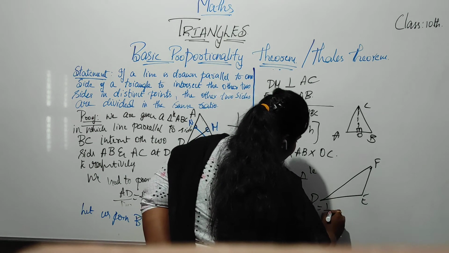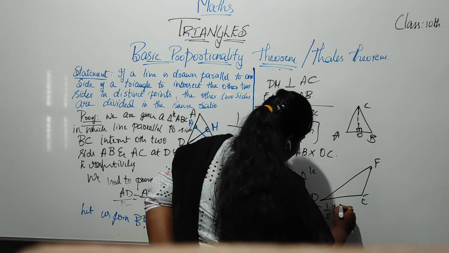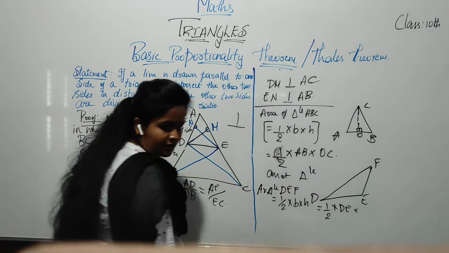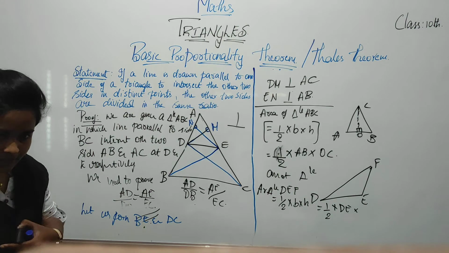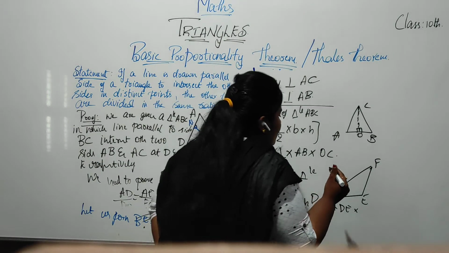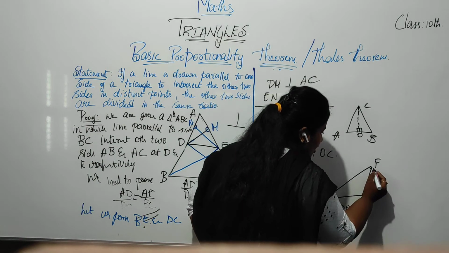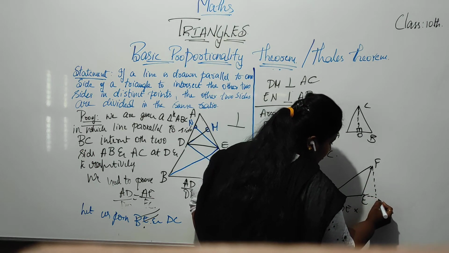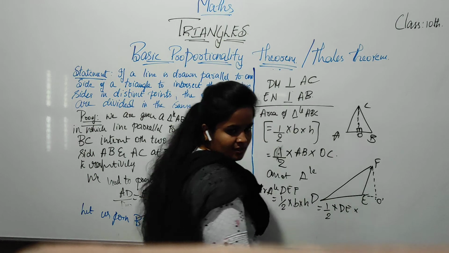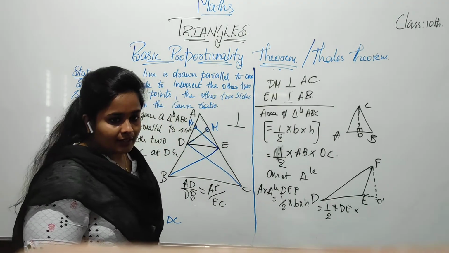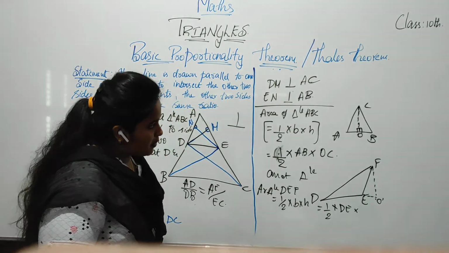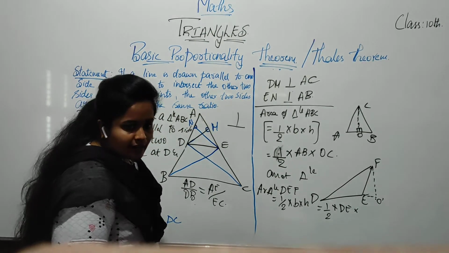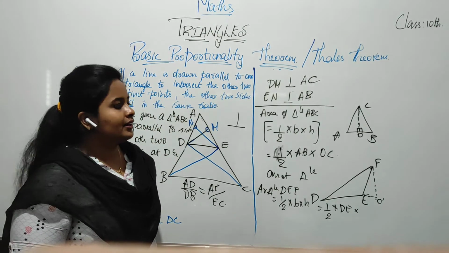So here the base is DE, and to find the height, I draw a perpendicular line to the base and mark this point as O. You can draw a perpendicular line inside or outside the triangle.